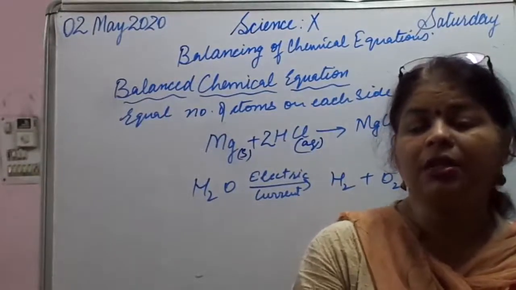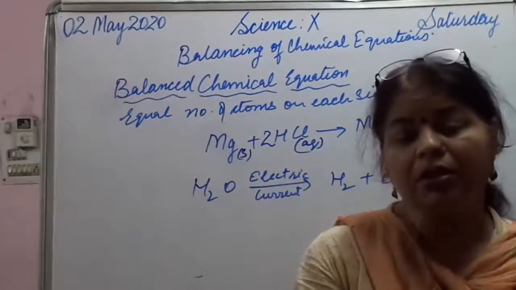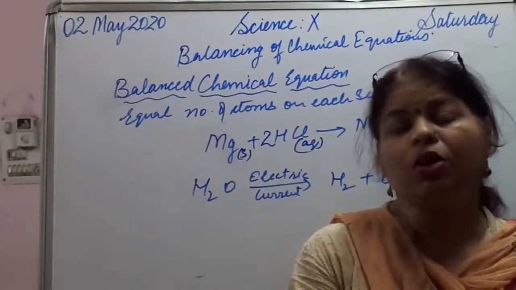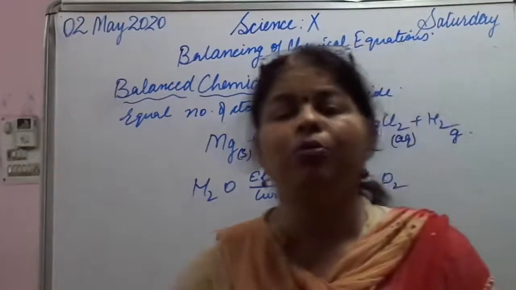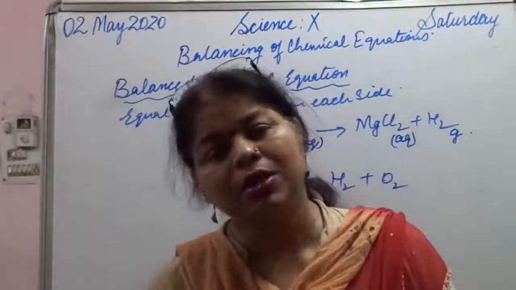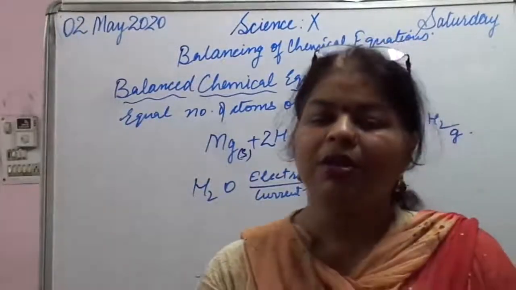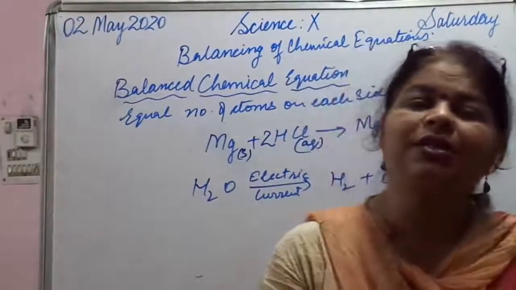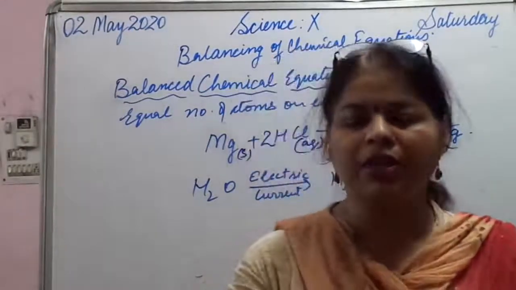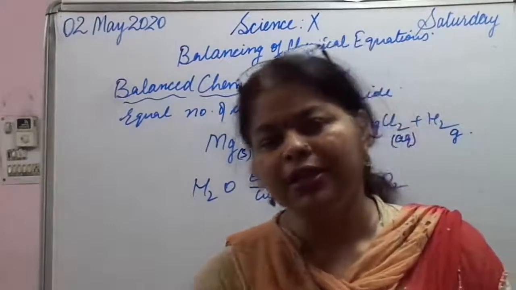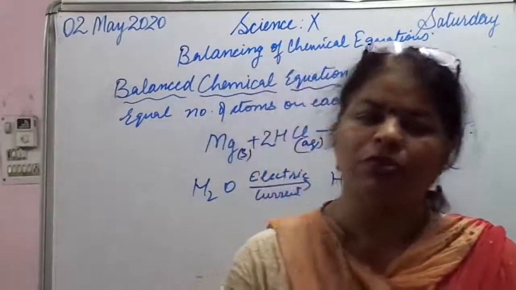Then an equation also informs us about the symbols and formulae of all the substances that are involved in a reaction. Then it also tells us how many atoms are participating in the reaction, how many reactants, and what is the number of products also.